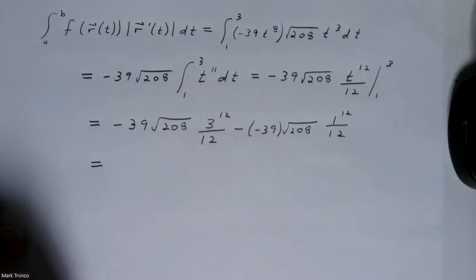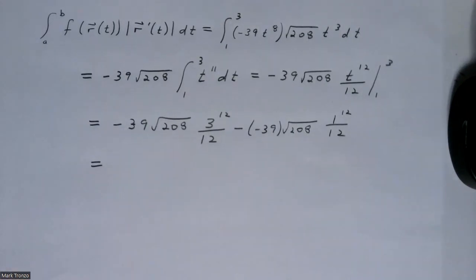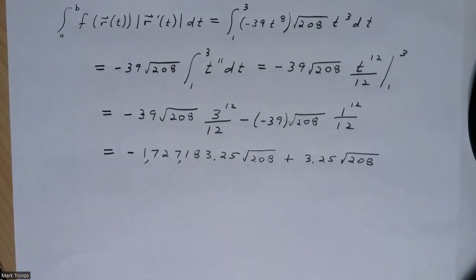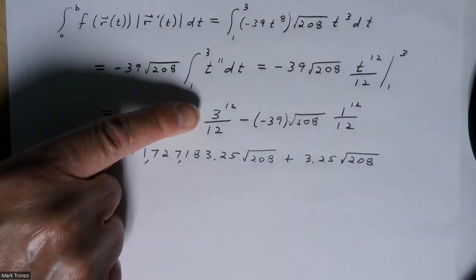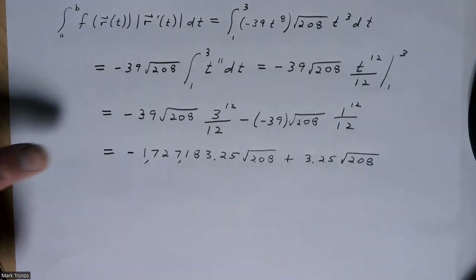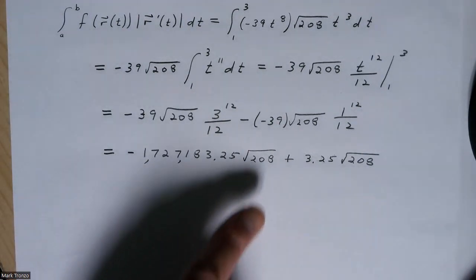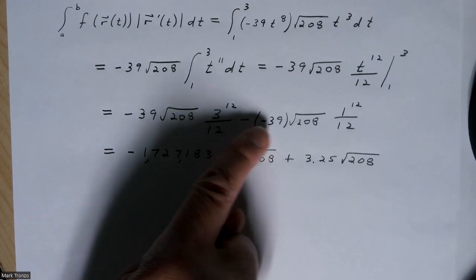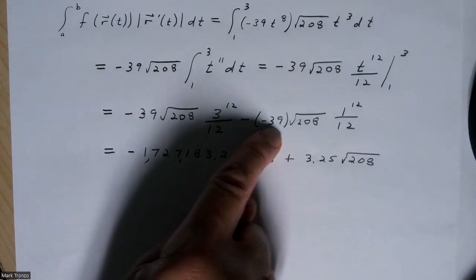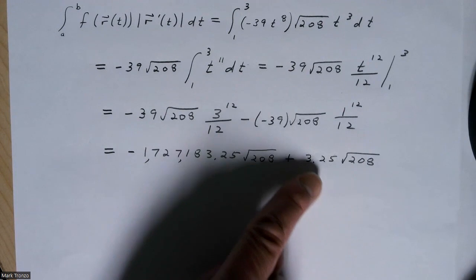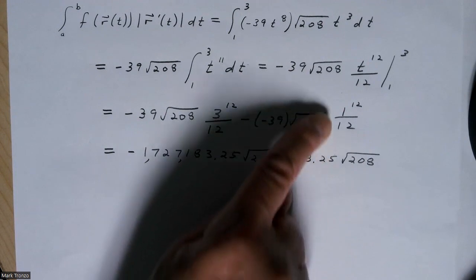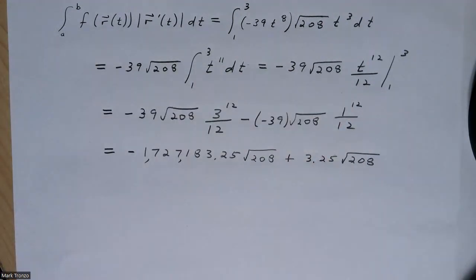And then we have these numbers. And I put the 3 to the 12th divided by 12 times 39 into my calculator and got this. And then I took a negative becomes a positive. 39 divided by 12 is going to be 3.25. Of course, 1 to the 12th is just 1.